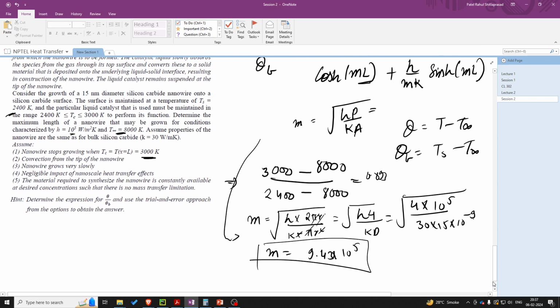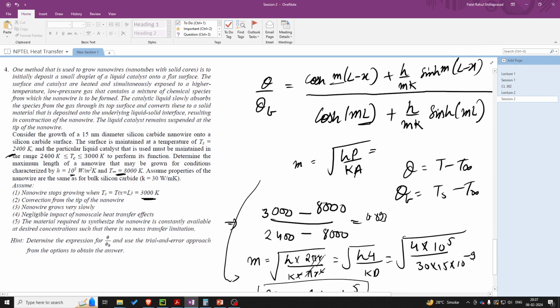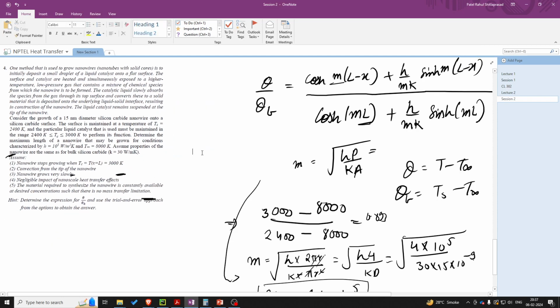So you need to solve this equation, that is, 0.893 is equal to cosh of m, which we found out as 9.43 into 10 raised to 5, into length minus x.